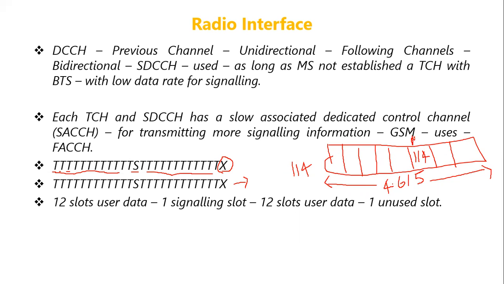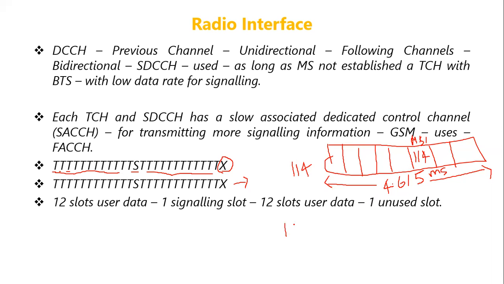These 114 bits will be used by one mobile station, and some other mobile station will use some other 114 bits. So 1 second means 1000 milliseconds. For 1000 milliseconds, how many bits will be transmitted?